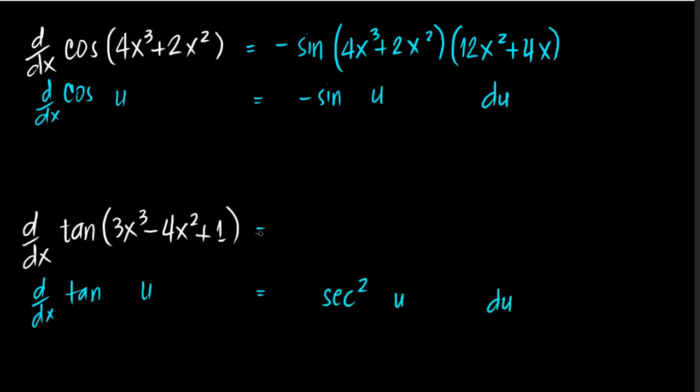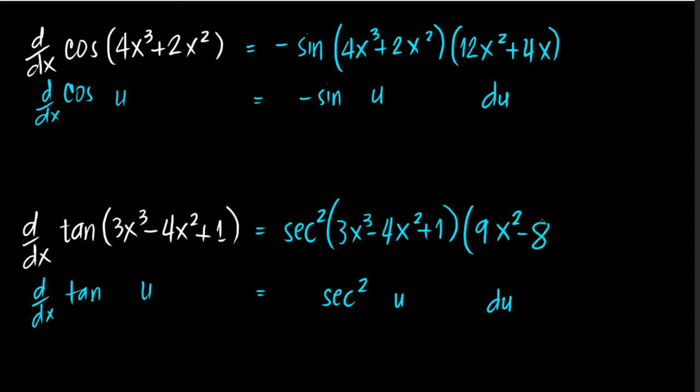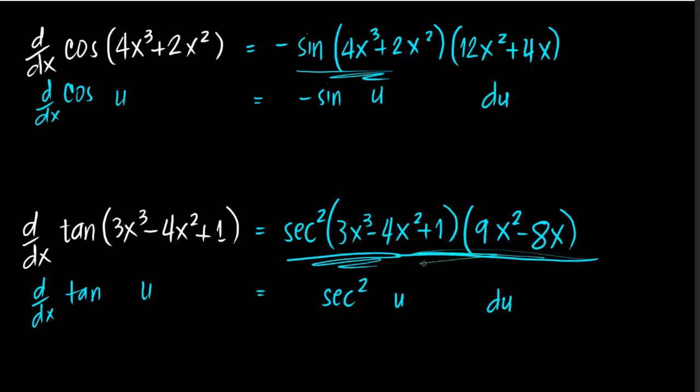Secant squared, and then copy the whole function, 3x cubed minus 4x squared plus 1. The derivative of u is 9x squared minus 8x, and 1 does not have a derivative, or the derivative is 0. So you're done. This is the answer for the first example, and this one as well.